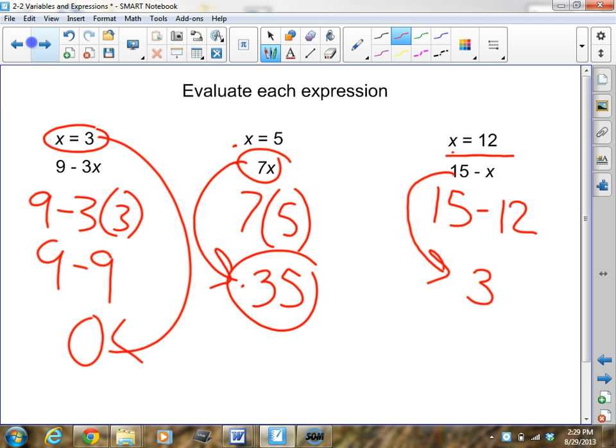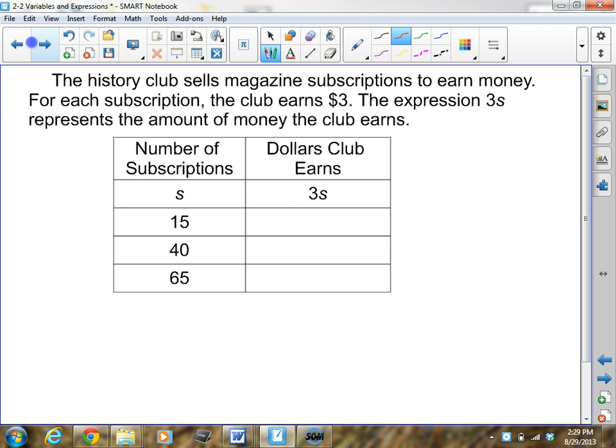All right, ladies and gentlemen, our very last step. We're going to get very practical by solving a table using variables. Now, the table will give us an expression. It's right here. Gave us an algebraic expression, 3s. It'll give us the expression and then a list of variables.